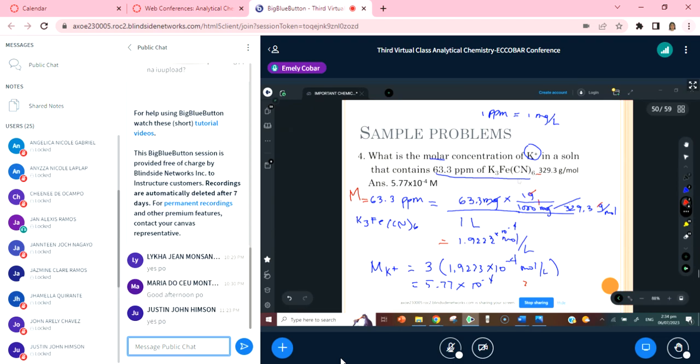Potassium ferrocyanide. What is its concentration? 63.3 ppm. What are we asked to find? The molar concentration of potassium in this solution. So how do we solve this?